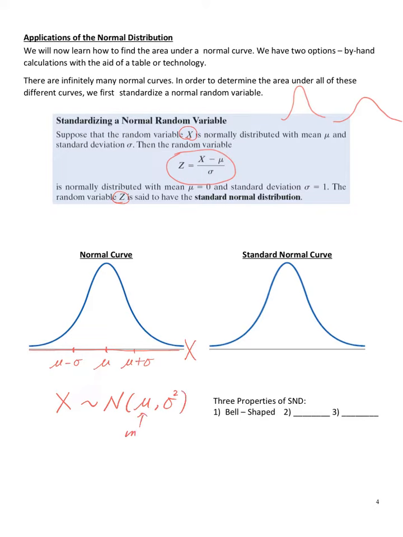So this is the mean and this is the variance. Variance is standard deviation squared. The standard deviation is sigma, so the variance will be sigma squared.